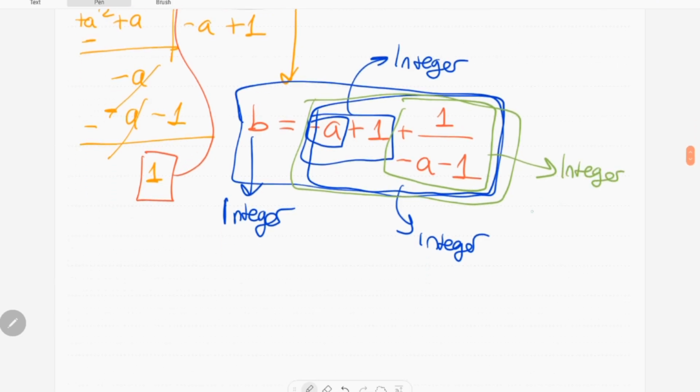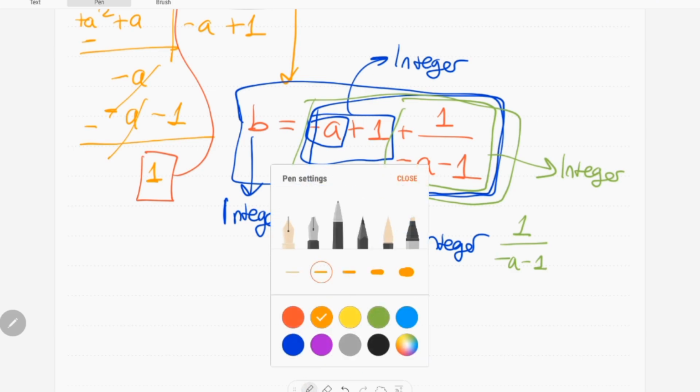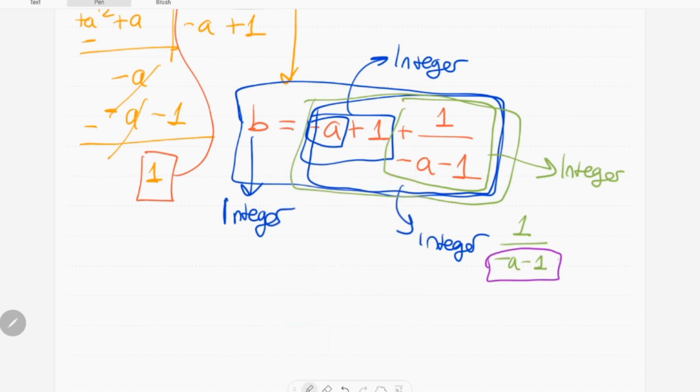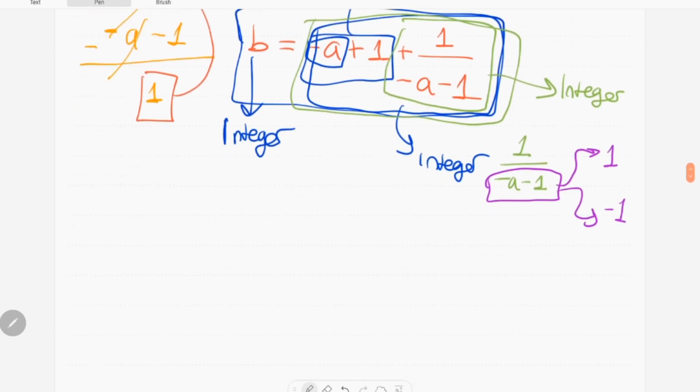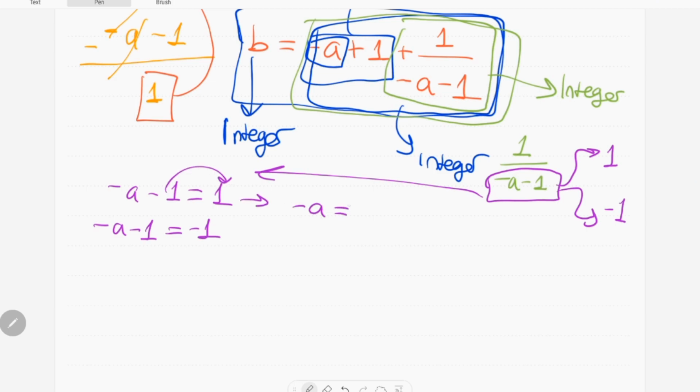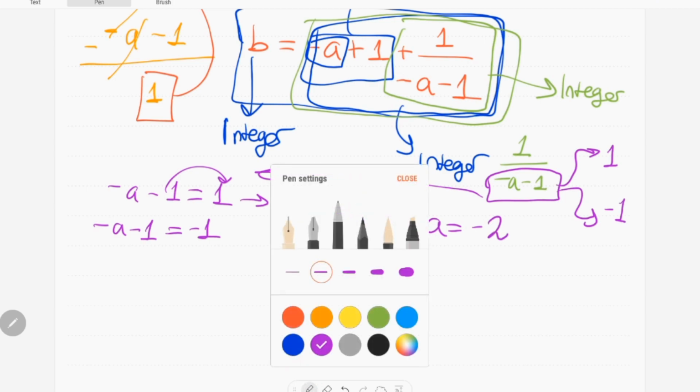If I divide 1 by minus a minus 1, and I want it to be an integer, this can either be 1 or minus 1. So minus a minus 1 is 1, or minus a minus 1 is minus 1. In the first case, minus a is 2, so a is minus 2.